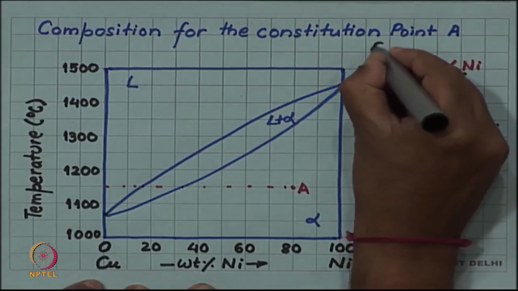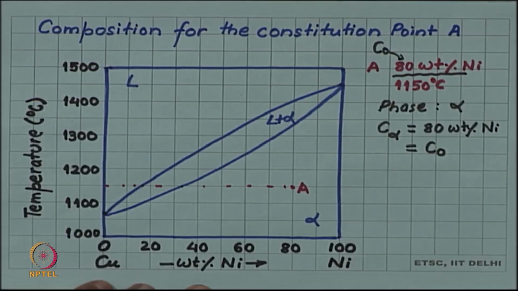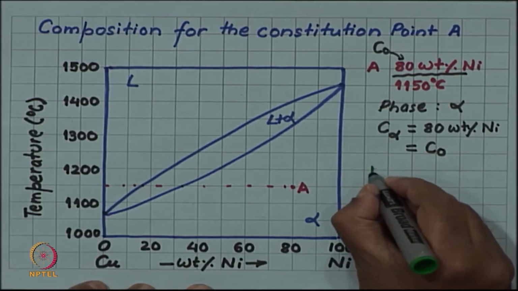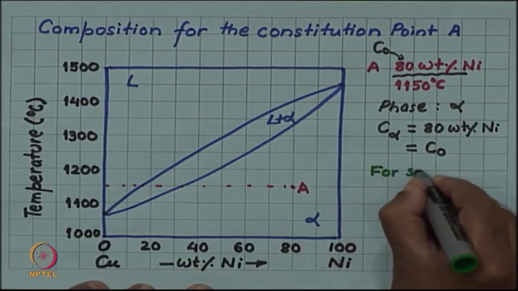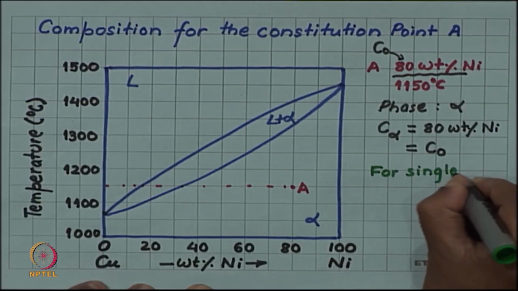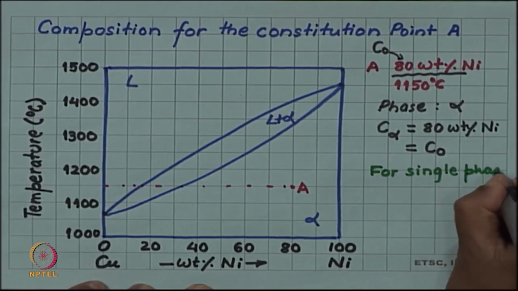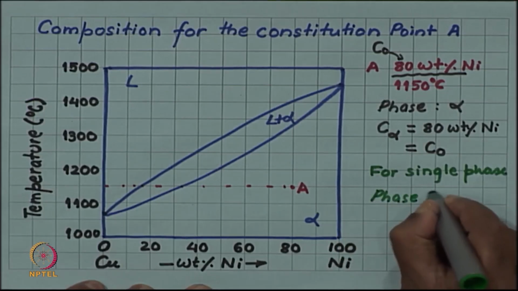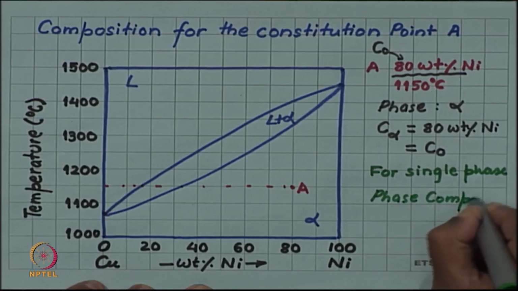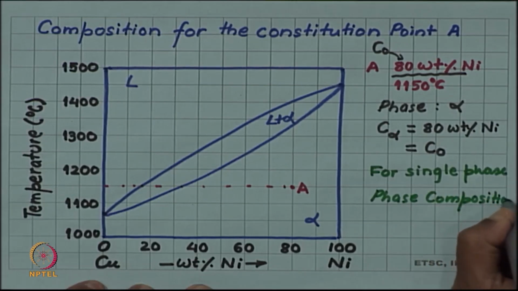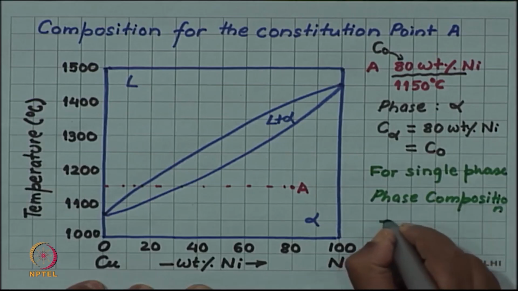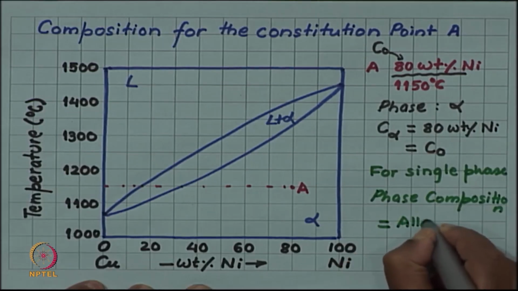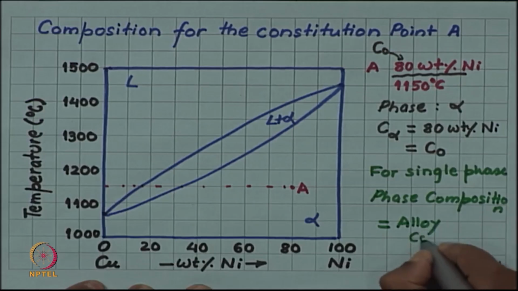This was C naught. So, for single phase, this will be a general rule that for single phase, the phase composition is equal to the alloy composition.